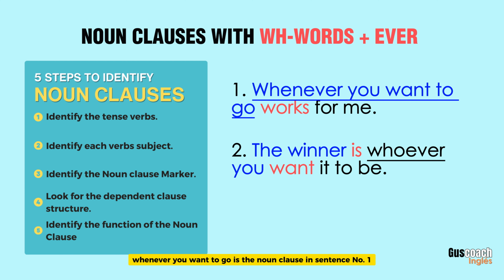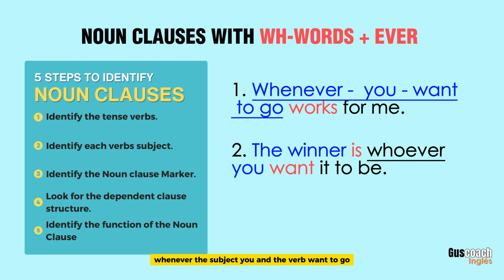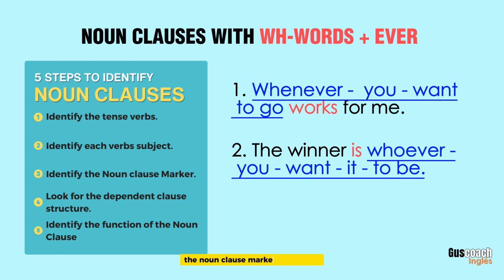Whenever you want to go is the noun clause in sentence number 1 with the noun clause marker whenever, the subject you, and the verb want to go. Whereas in sentence number 2, the noun clause marker is whoever, the subject is you, the verb is want. The rest are other type of complements or constituents.